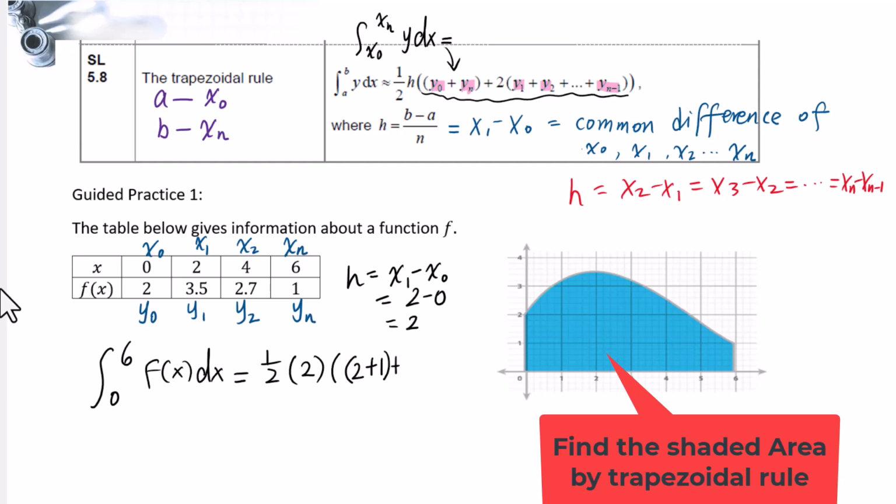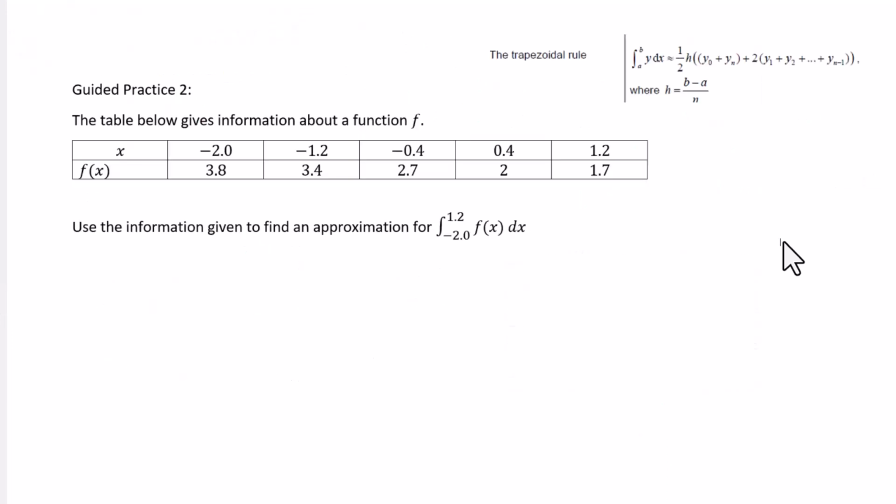Then plus 2 parentheses. y sub 1 is 3.5, y sub 2 is 2.7. Then 2 parentheses. Put this into the calculator. You will get 15.4.